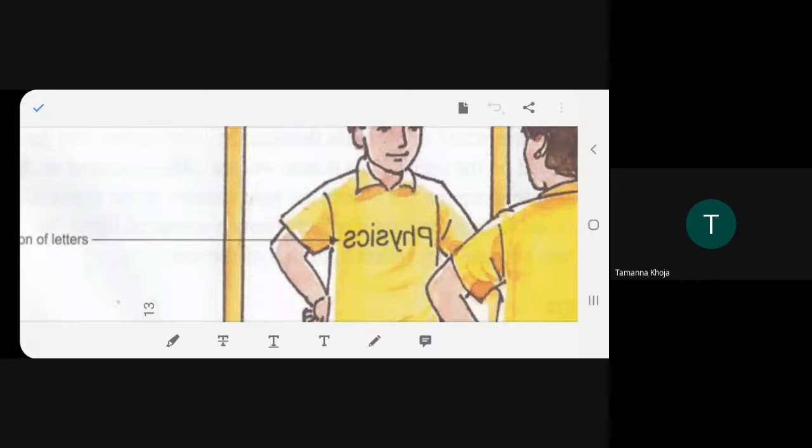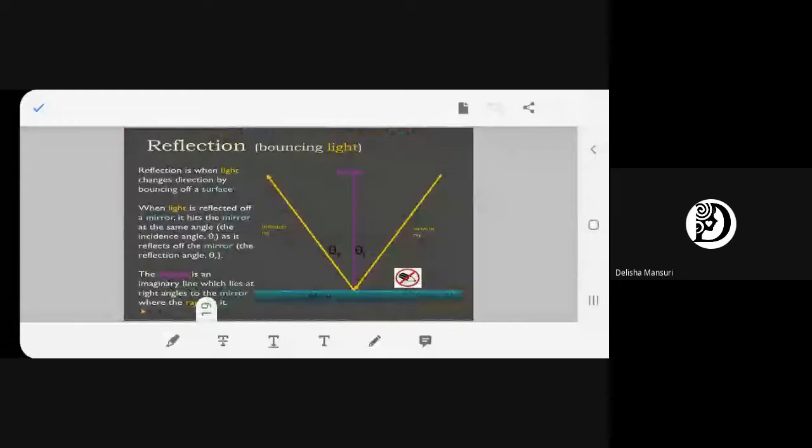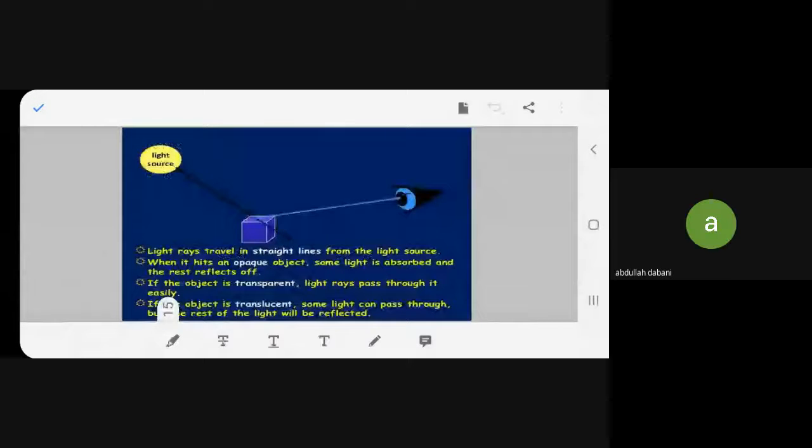Got it? What is written, by the way? Can you read it? Physics. Exactly, it is physics. Very good. See how it looks, it looks so weird. So this is also called lateral inversion of the image.